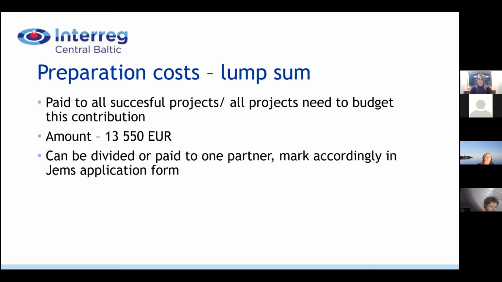It can be paid to one partner, usually the lead partner, if that's decided by the partnership, or it is possible to mark it to be split among partners in GEMS. But all projects, the ones that are successful and passing over the first step, or the successful small projects, need to budget for this contribution. It will be paid right after the project is approved.